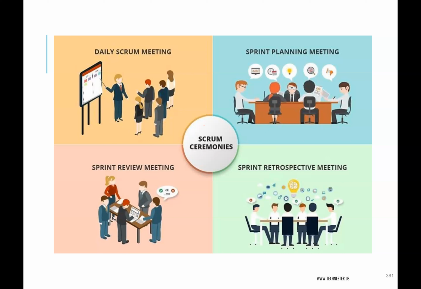The last meeting in a sprint is the retrospective. You do your retrospective after everything that has to do with the increment is done, whether you were able to successfully do the increment or not. As long as that sprint has ended, the retrospective is what ends the sprint.